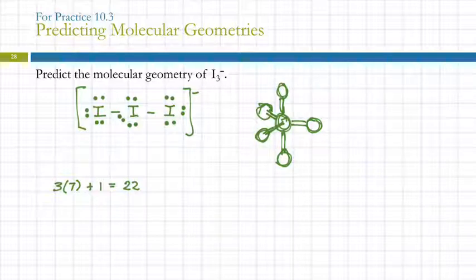So 5 does this, right? A trigonal bipyramid. We got 1 on the top, 1 on the bottom, and 3 around the middle. So that's our electron geometry.